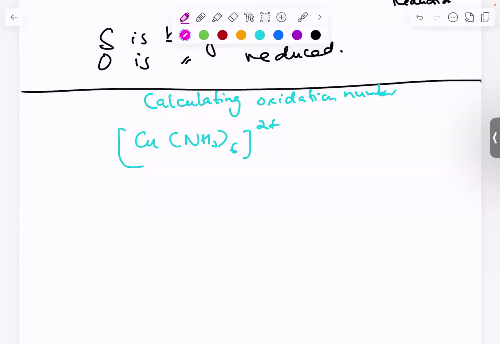Now, the very first thing, beta, this is for metal, this is the oxidation number. So the very first thing, copper has the oxidation number +2. So Cu is equal to +2. On the other hand, what is left? Ammonia. Ammonia is a ligand and it has an overall oxidation number of 0.